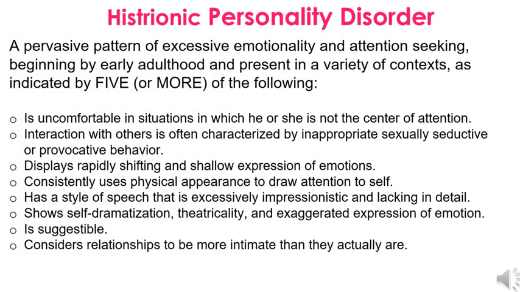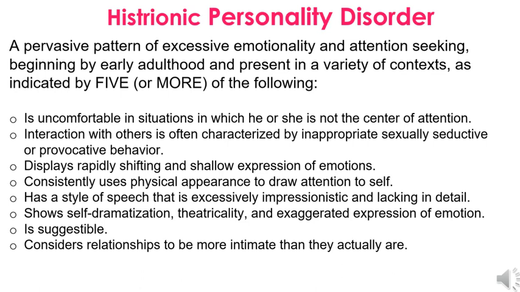According to DSM-5, a person with histrionic personality disorder should have five or more of the following, beginning by early adulthood. 1. Is uncomfortable in situations in which he or she is not the center of attention. 2. Interaction with others is often characterized by inappropriate sexually seductive or provocative behavior. 3. Displays rapidly shifting and shallow expression of emotions. 4.